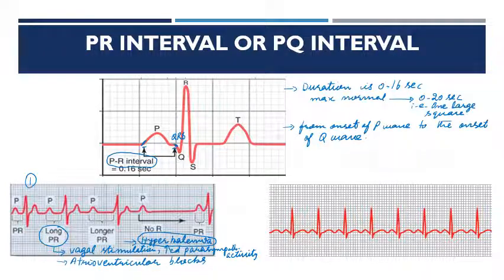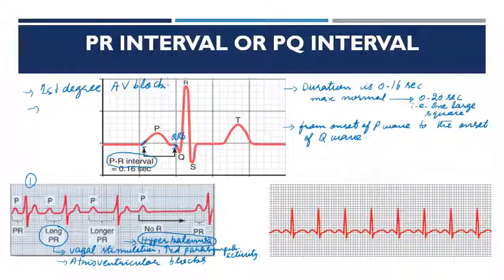If PR interval remains prolonged throughout the 12 lead ECG, then the condition is called first degree atrioventricular block.